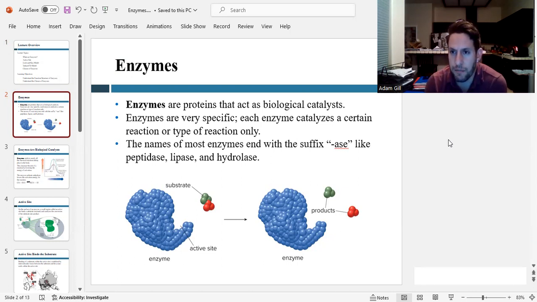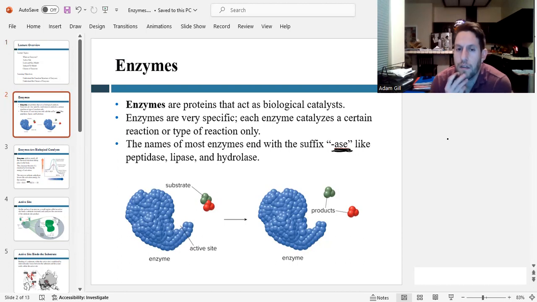And the names of enzymes typically end in ASE, like peptidase, lipase, hydrolase. And the first part of the name usually tells you the substrate, or the molecule that it does the reaction on.